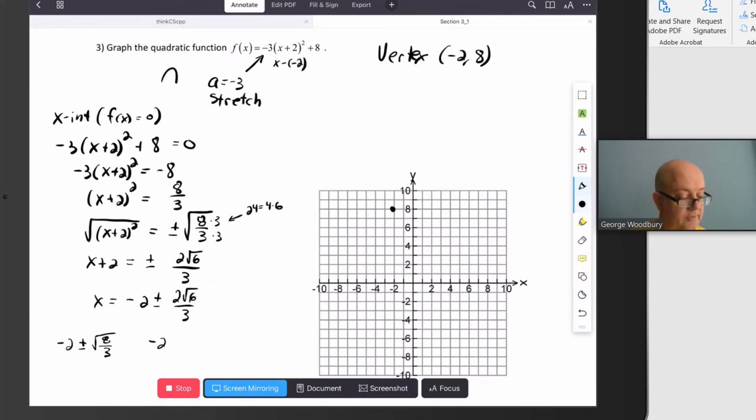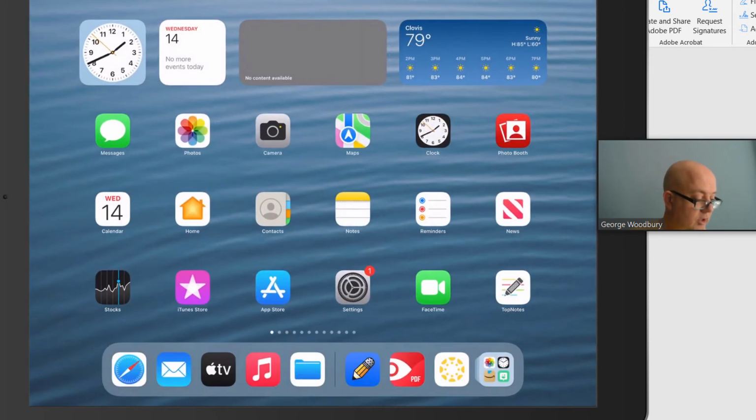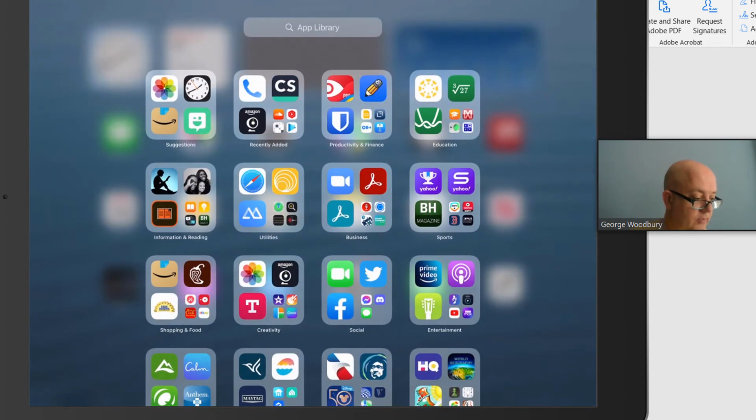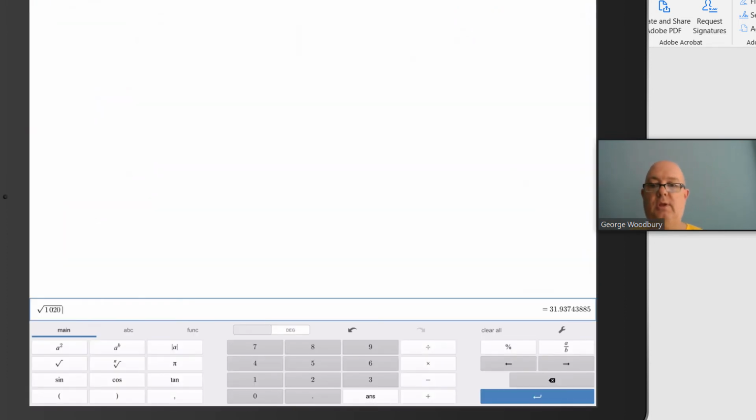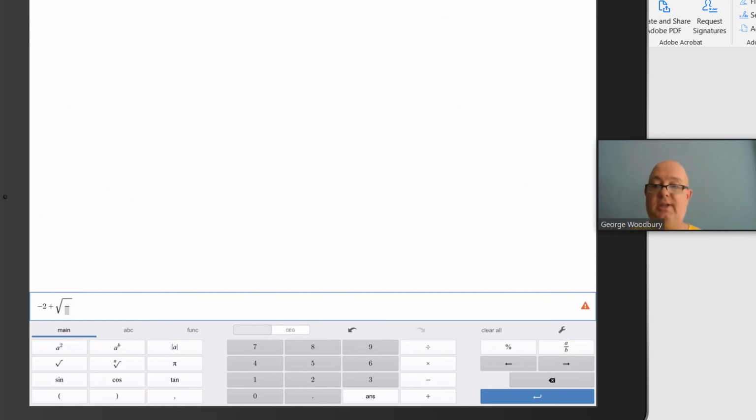So I'm going to start with negative 2 plus the square root of 8/3. And let me switch to the Desmos scientific calculator for this. There we go. Now, the first number was negative 2. And then I'm going to type plus. And then I need the square root of 8/3. So I tap the square root key, the fraction key, and I put in my 8/3.